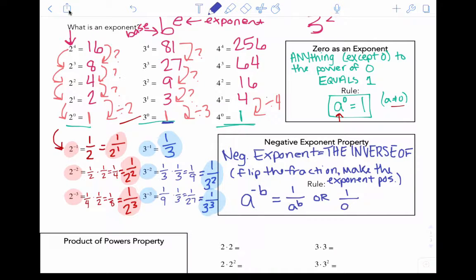So what if I have 1 over any base to a negative exponent? Well, in those not so mathematical terms, I flip the fraction, which means that a to the negative b moves up to my numerator, and then that negative exponent becomes positive. So this is my rule for the negative exponent.